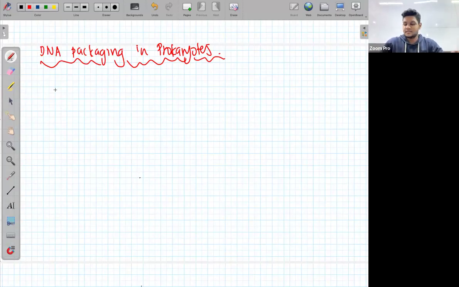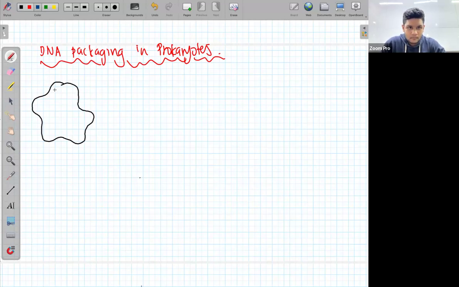Now, this is what happens. We know what type of DNA prokaryotes have: circular DNA. So the DNA actually looks like this. Here the bases will be present.